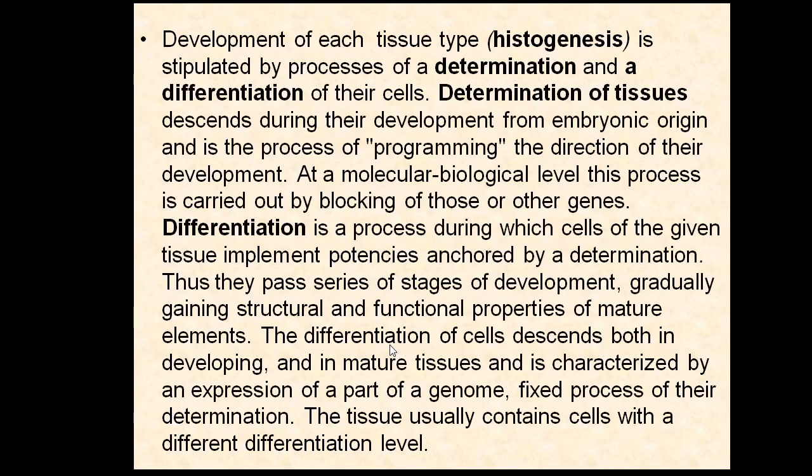That's why differentiation means that a cell gets special proteins, gets special organelles to perform the concrete function. For example, a secretory cell of the salivary glands produces saliva. It is their function and result of differentiation, and the base for this differentiation is determination of this genome.